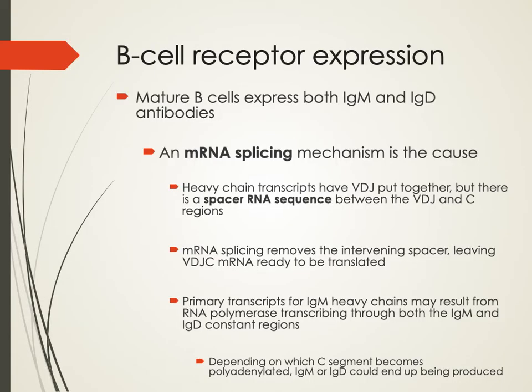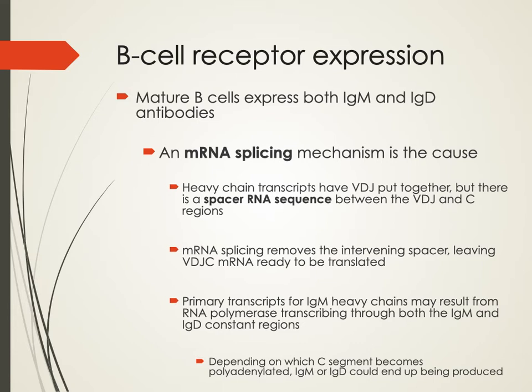So with B cell receptor expression, mature B cells express both IgM and IgD antibodies. It's through mRNA splicing that this results, so that we have our heavy chain transcript that has the VDJ put together, and then there's going to be a spacer in the RNA between it and the constant region.